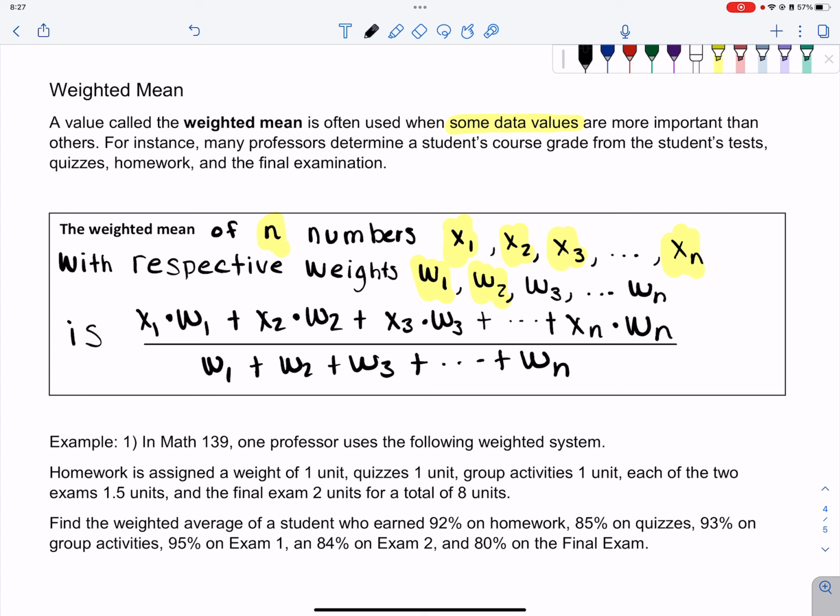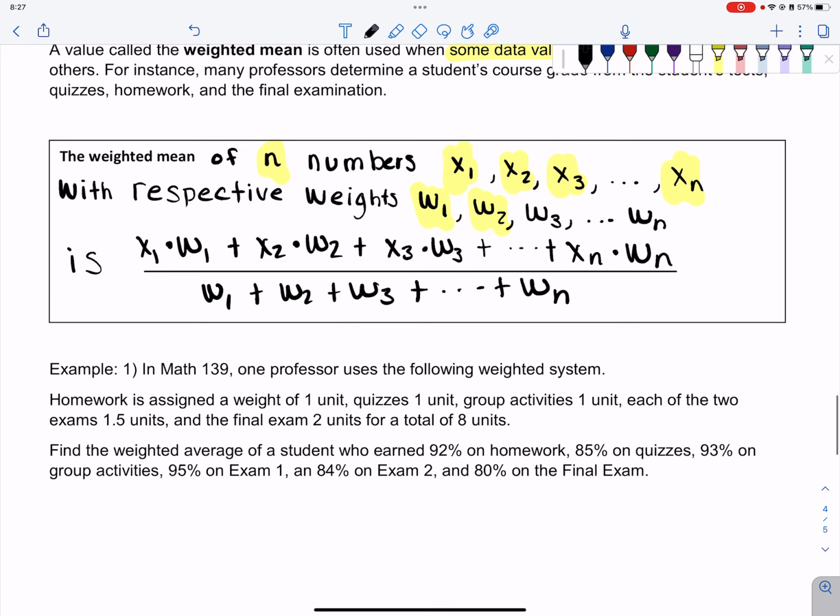So now let's work through two different examples here with calculating grades using a weighted mean.